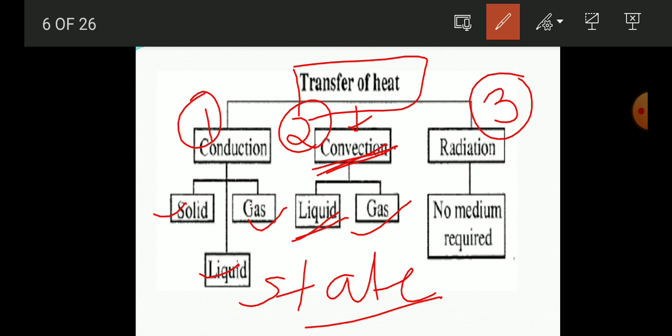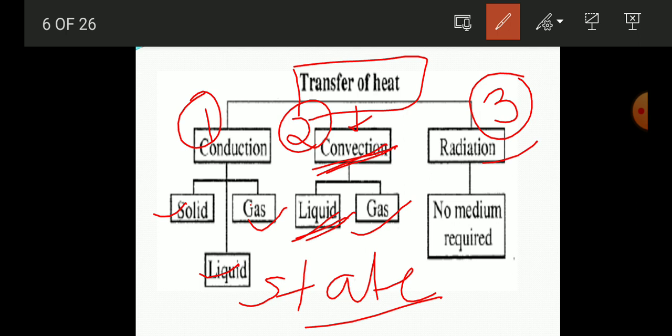If you talk about solids, then it is conduction. Like an iron rod: if one end is heated, its last end will also get heated. This is a mode of transfer of heat, and this is conduction. But when you are boiling water or milk, or the gases around you, these are categorized under convection.